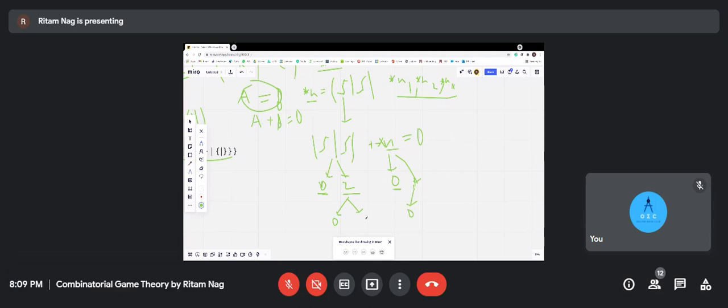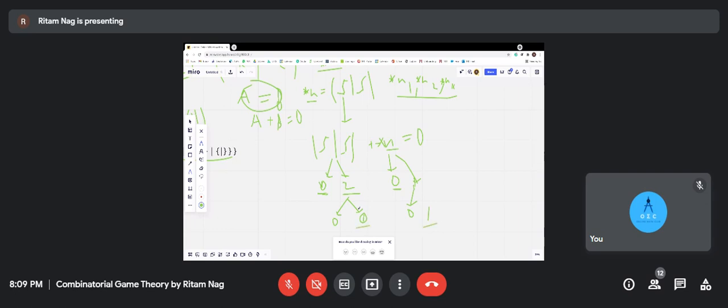So the new position is 2 plus 1. If you choose 2, I choose 1 here on the next move. Yeah, okay, got it. And there's a 1 left here. So now this is just 1 plus 1 equals 0.